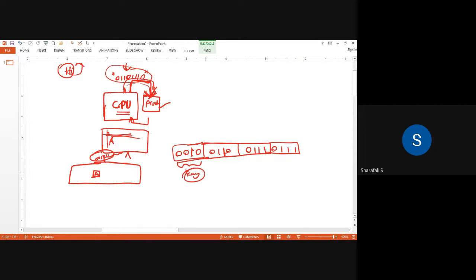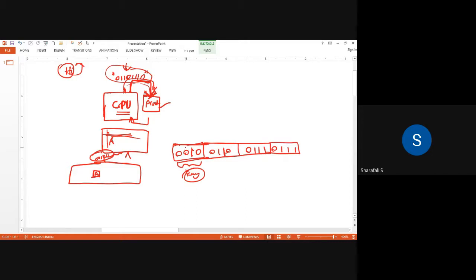So the communication between these devices inside your computer system is controlled by these binary codes, and can be made by using these binary codes.